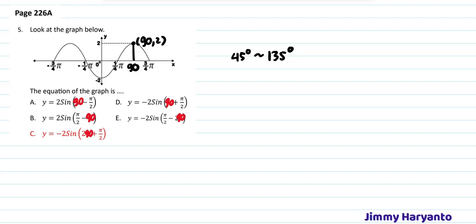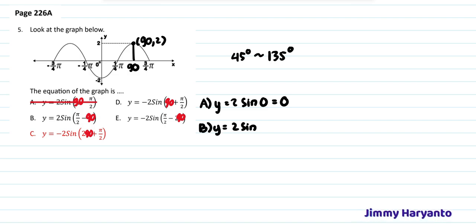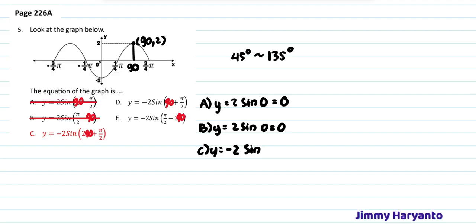Okay, let's calculate this. For the first one, we have y equals 2 sine (90 minus 90), which equals 2 sine 0, and the final result is 0. That is not 2, so we can eliminate that one. Next, B, we have y equals 2 sine (90 minus 90), still 0. Eliminate again. For the C, we have y equals negative 2 sine (2 times 90 is 180, 180 plus 90 is 270).